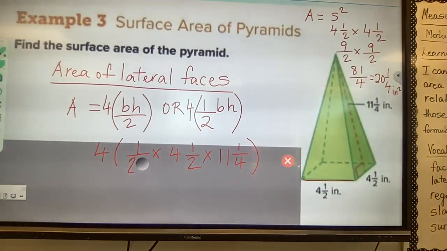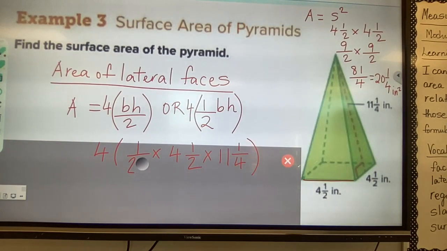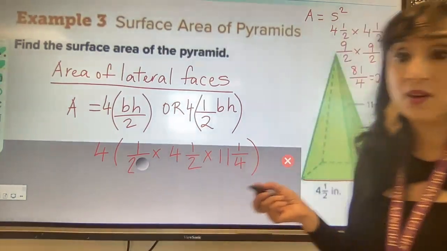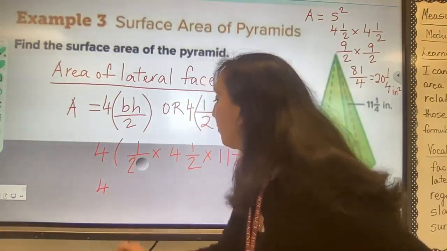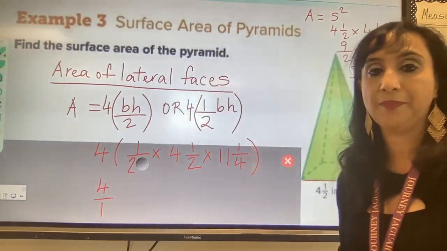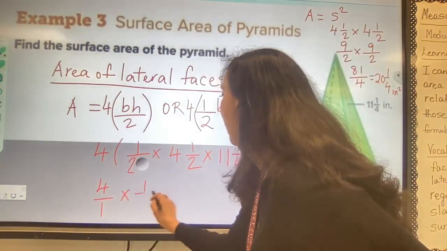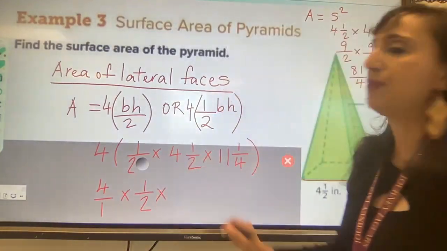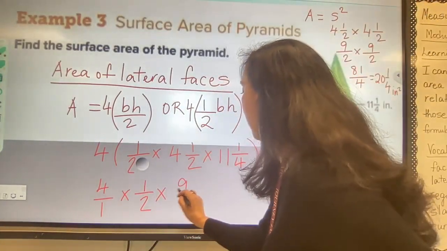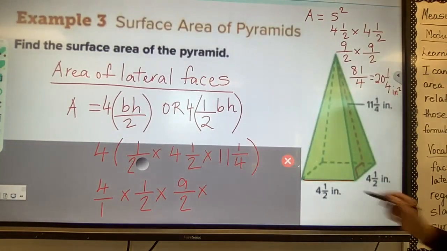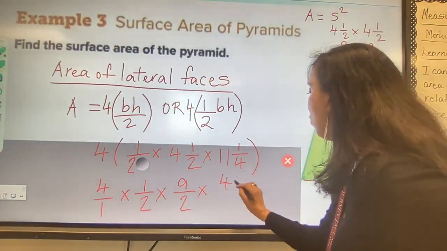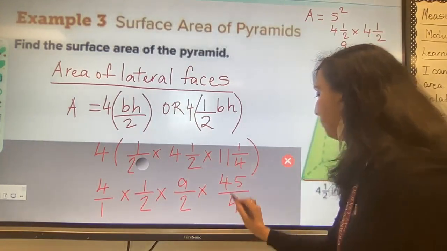Right? And then we are going to change these mixed numbers to improper fractions, because that's the only way we multiply fractions. So we are going to do 4 over 1 times 1/2 times, what is 2 times 4? 8 plus 1 gives me 9/2, times 11 times 4 is 44 plus 1, that gives me 45/4.